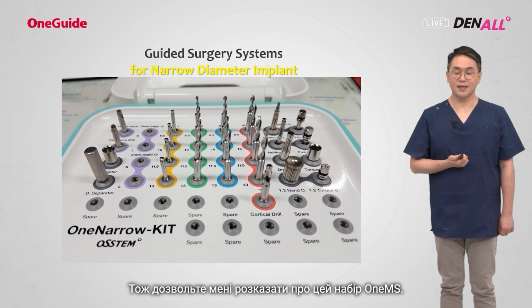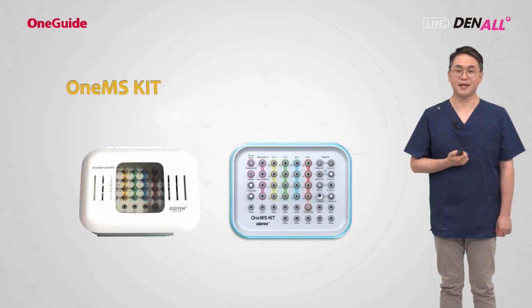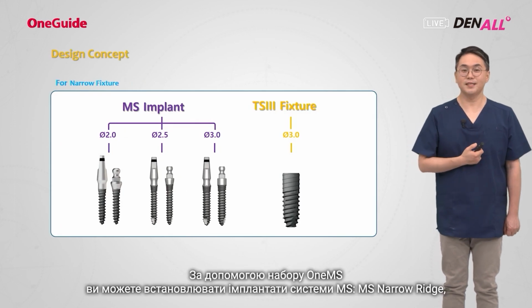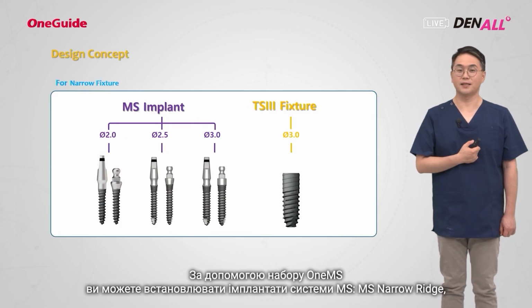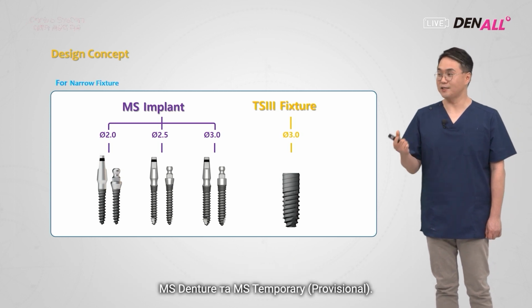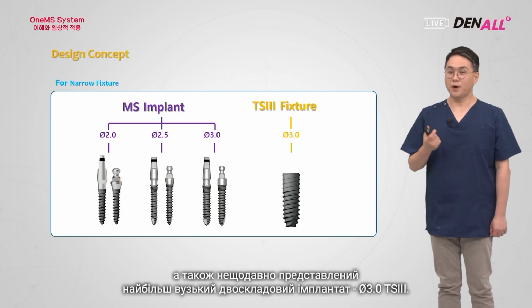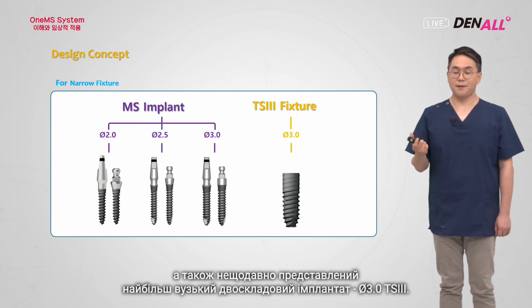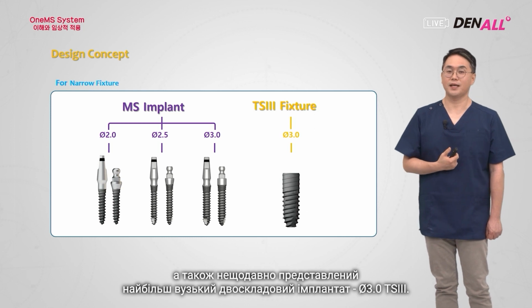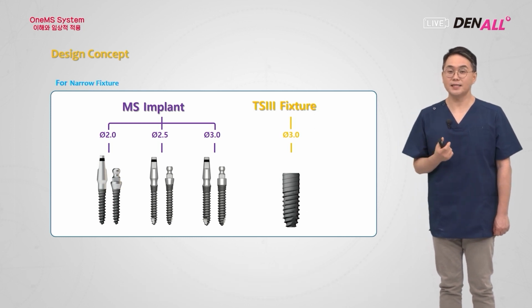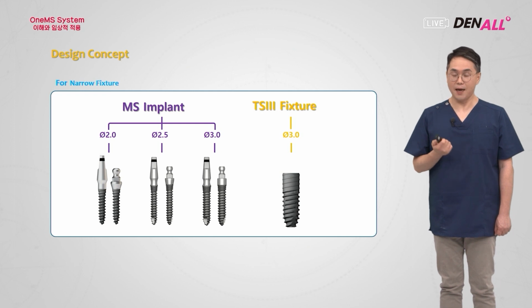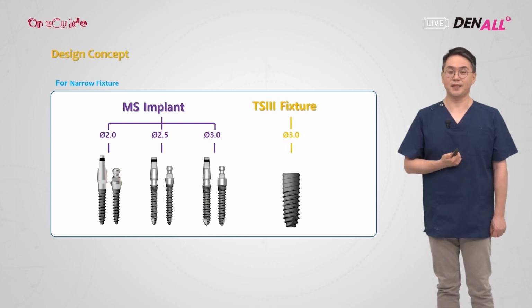Let me explain about this 1MS kit. In the 1MS kit, the implants you can place are the MS implant, narrow ridge type, denture type, and temporary type. So 3 MS implant can be placed, and recently Osstem introduced the TS3 two-piece type 3.0 implant, the most narrow two-piece implant. This can also be placed using the 1MS kit.